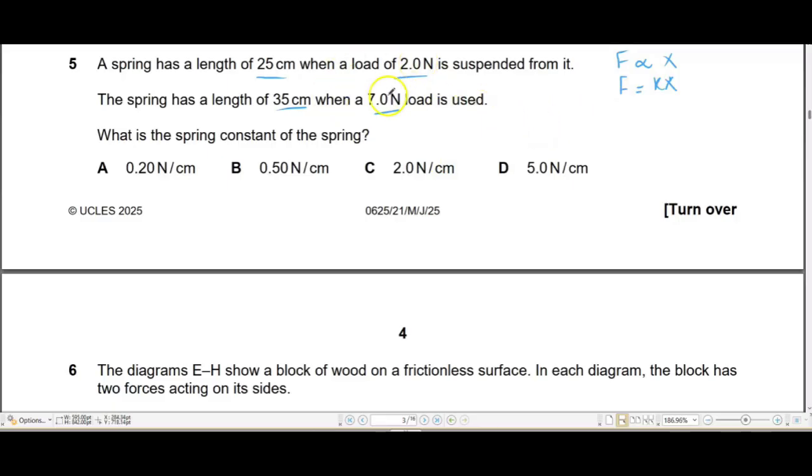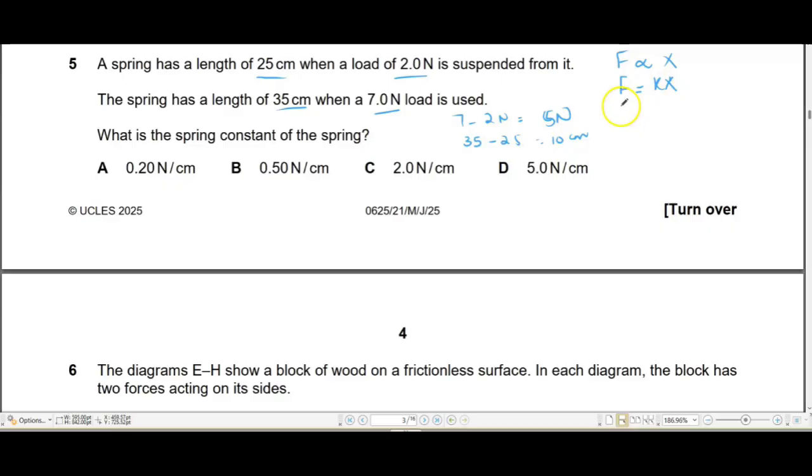So what we are going to do is take our load to be 7 minus 2 newtons, which is going to give us 5 newtons, and we are going to take our extension by subtracting 35 and 25 and taking it as 10 centimeters.